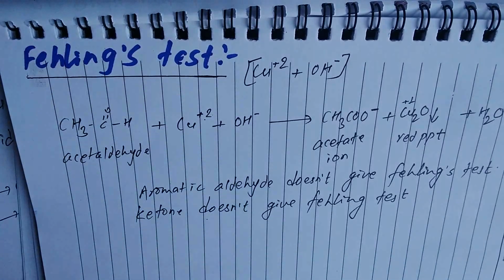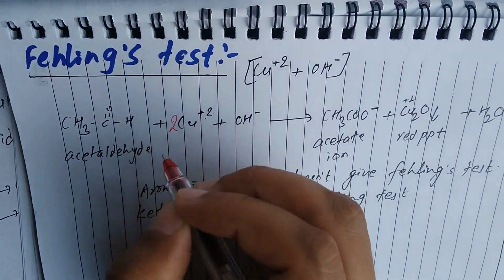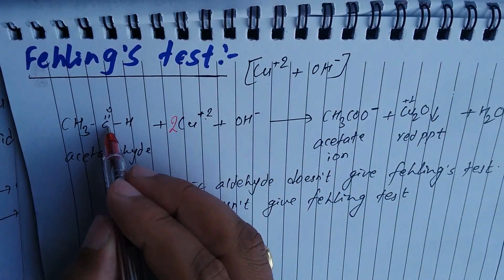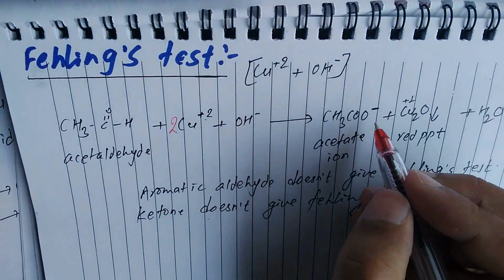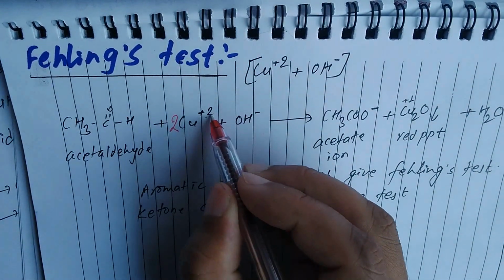To balance this chemical reaction, here Cu is 2, so put here 2, and one oxygen is added here. How many plus charges here?